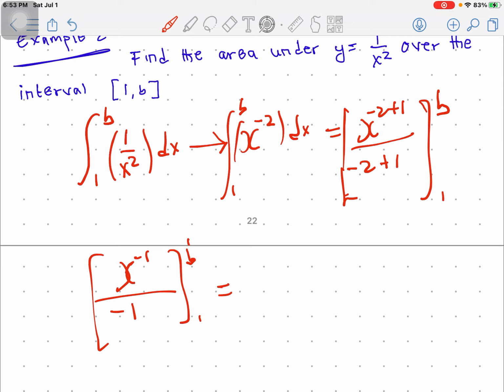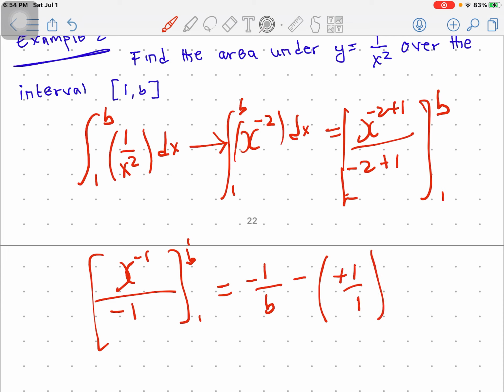Therefore, applying the fundamental theorem of integral calculus, we get negative 1 over b, that is the upper limit, minus the lower limit, which is negative 1 over 1.